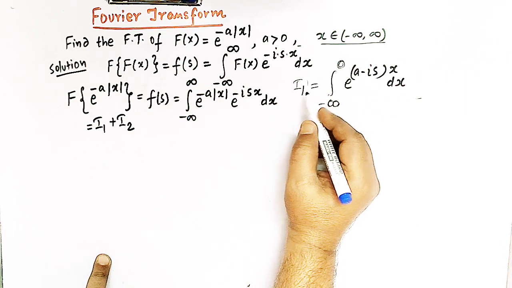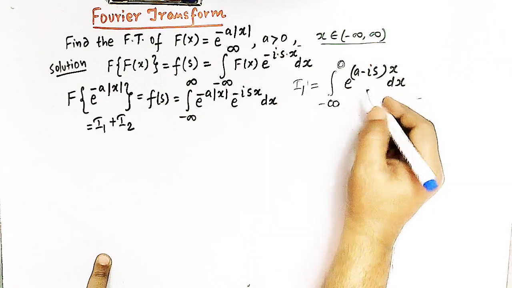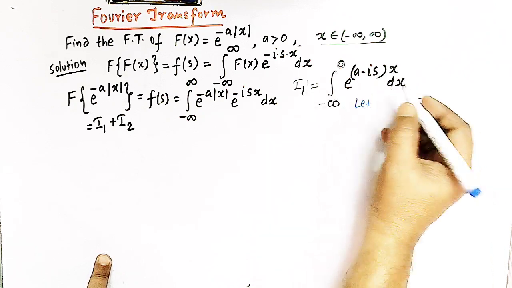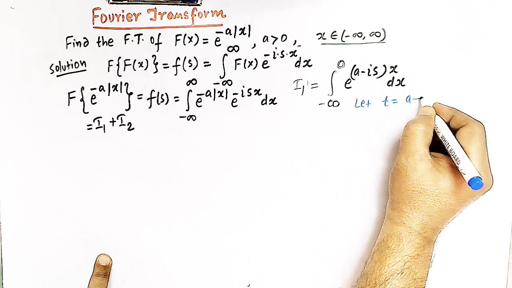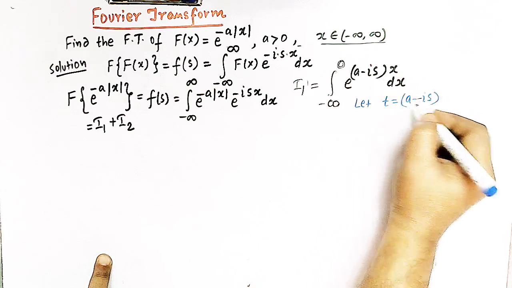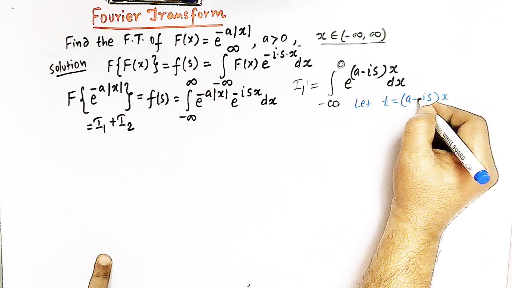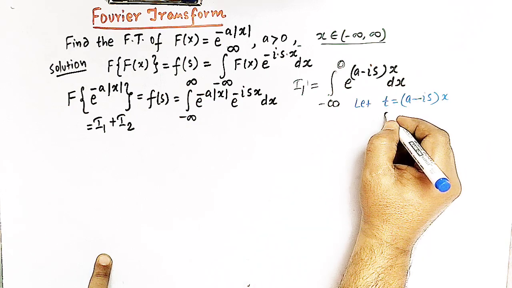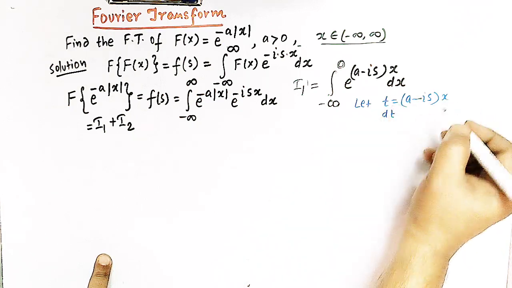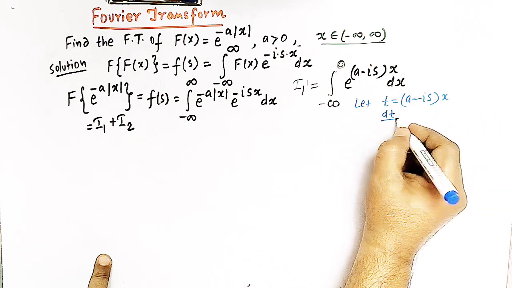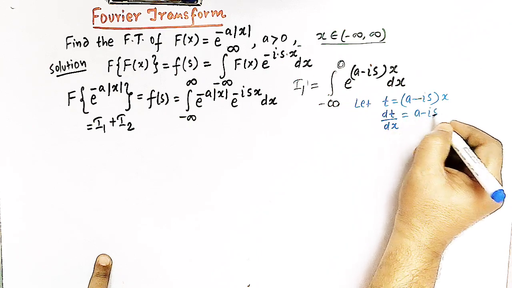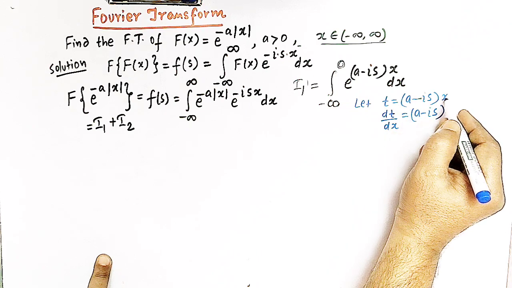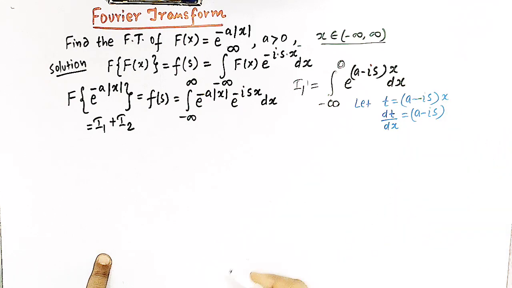To find the value of I1, let us make this substitution: t is equal to (a − is) times x, right? Let us differentiate t with respect to x. We have dt over dx equal to simply a − is, because the derivative of x with respect to x is 1.